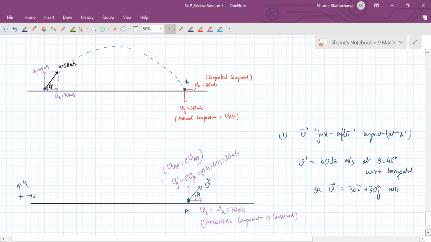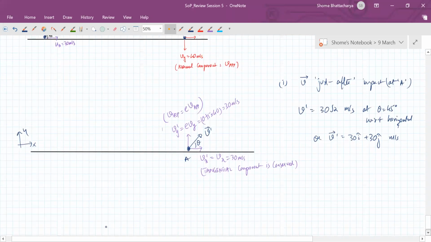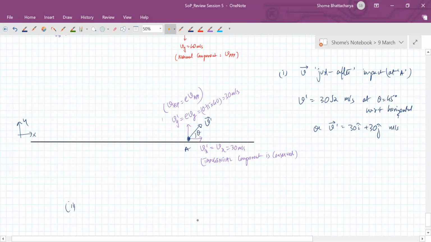Now as far as the second part is concerned, the range from A to B, etc., is very easy to calculate.